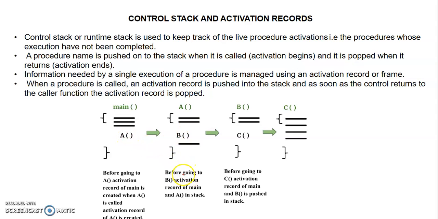So before going to B's activation, in the control stack two records are there: one record corresponding to A, second record corresponding to main. Once B is activated and B is calling C, before going to C's activation, in the control stack we have main, A and B pushed onto the stack. So this is how the control stack is going to maintain the activation records.